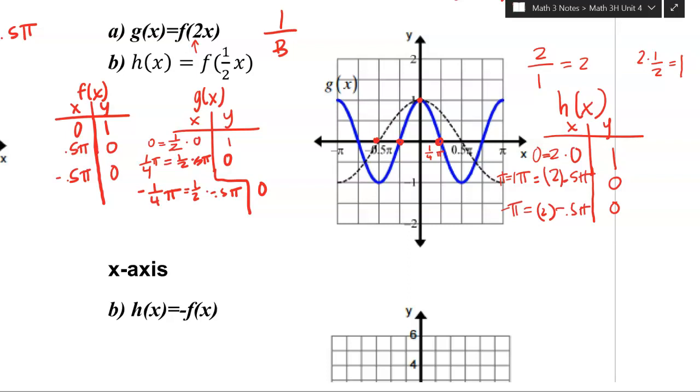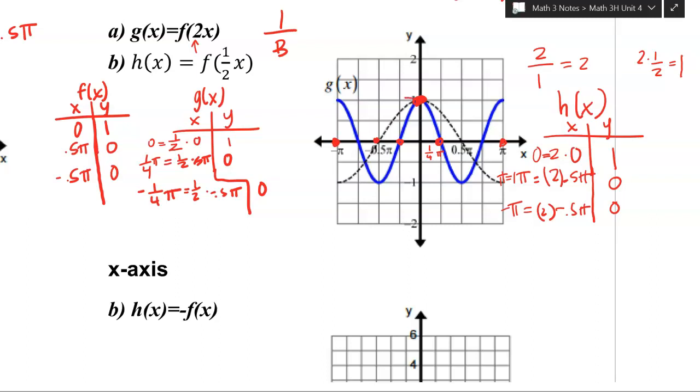All right, let's look at the graph and graph those points. We have 0, 1, so that same middle value, and then we have 0 and pi. Notice pi is way over here, and then negative pi is going to be way over there.